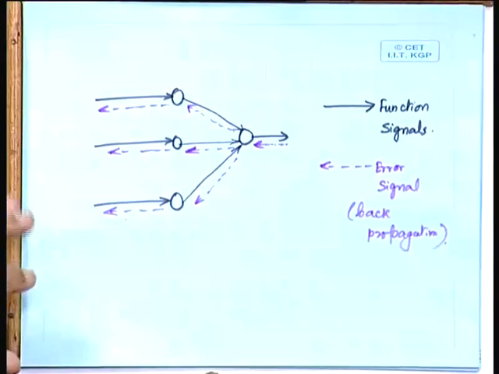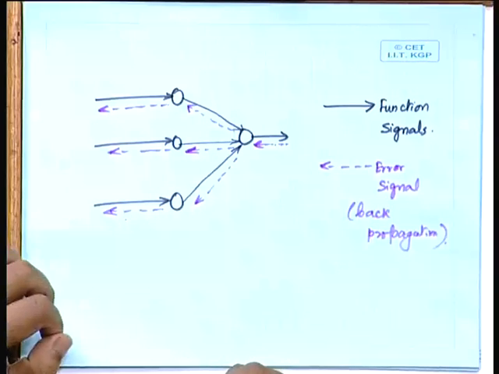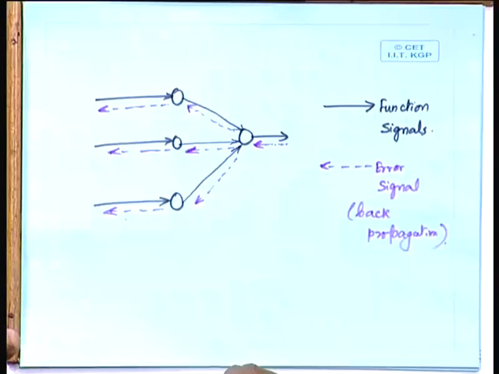Now, let us go over to the beginning of the back propagation algorithm. The beginning of the back propagation algorithm would look very similar to the weight updating equation, or what we called the delta rule, for the case of the single layer perceptron.